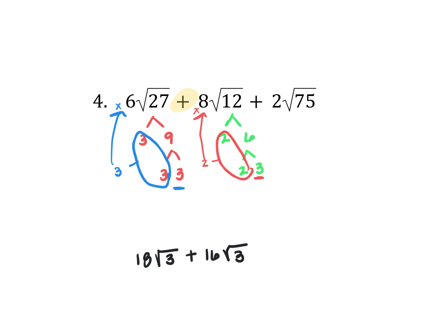Okay, and then we have 2 square root 75. So we need to break that one up. 75 is an odd number, so I'm going to start with a 3, and that actually works. I get 3 and 25, and then 25 is that 5 and that 5. Okay, so those 5s are going to be my pair, and they're going to come out as 1, 5, and I'm going to multiply it by that 2.